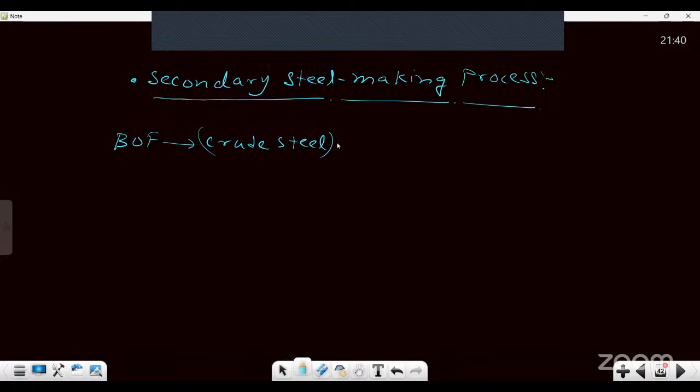Although most of the unwanted impurities, like carbon, silicon, phosphorus and part of the sulfur, are already removed in the primary unit, this crude steel still has O2, H2, and N2, and sulfur is also there. These impurities are quite high in the crude steel, which requires further refining.